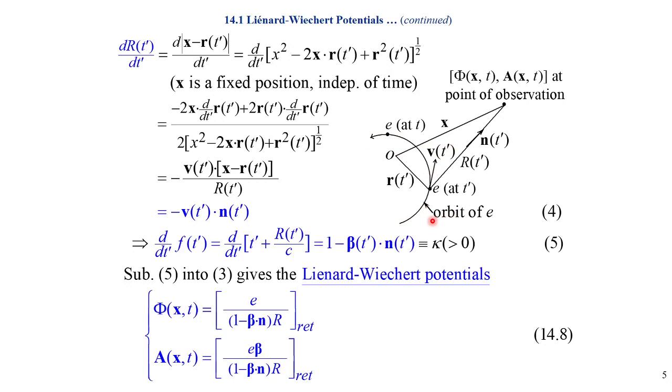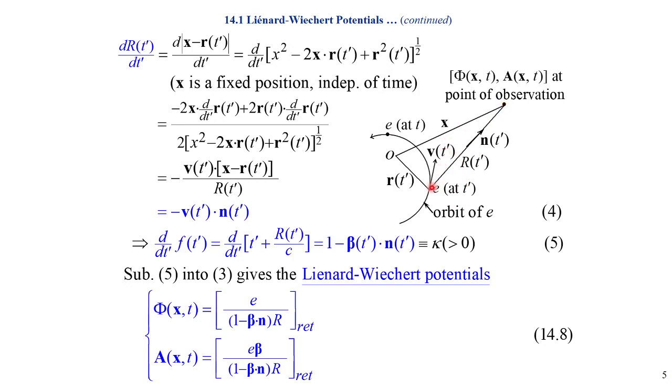So let me show you these figures again. A charged particle, charge E, moves along this orbit. At time t prime, it emits a signal, and it takes time to reach this observer. The particle will then move to here, but the signal reaches this point of observation.